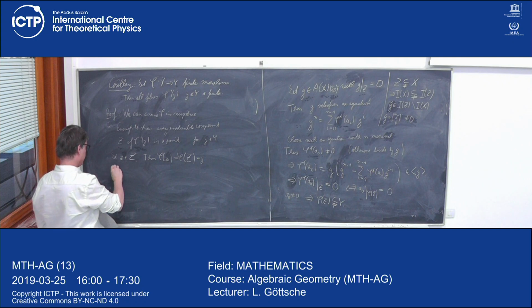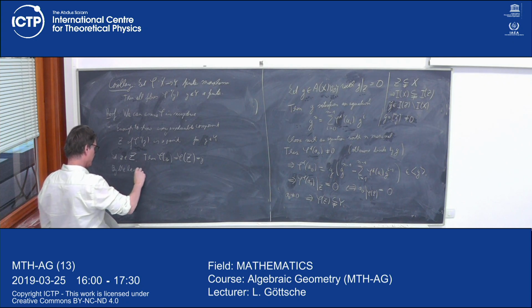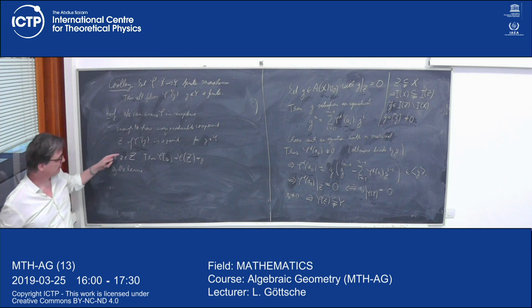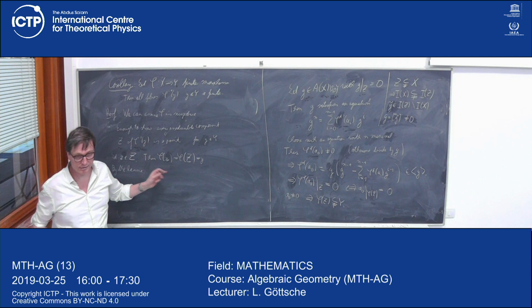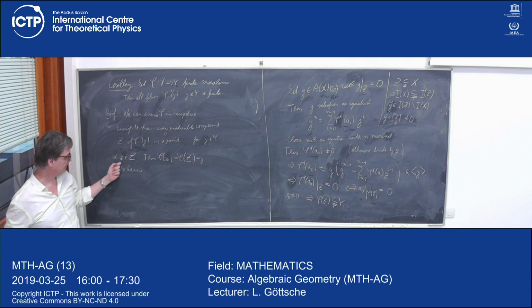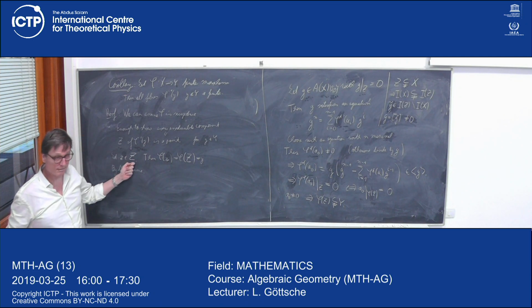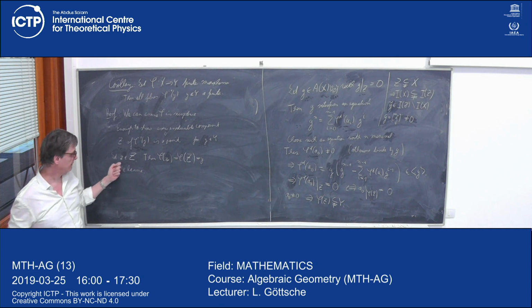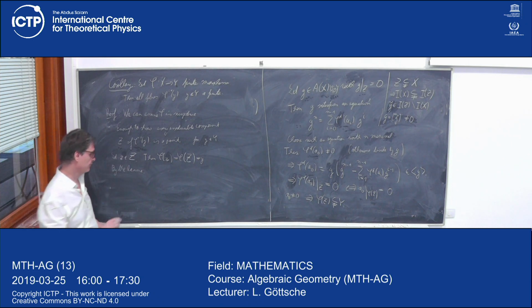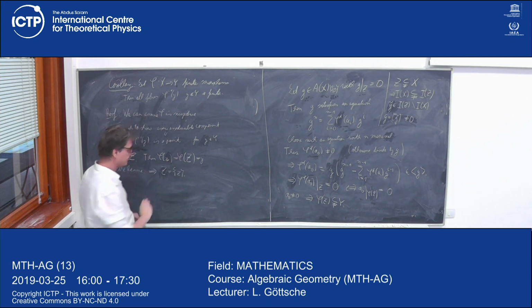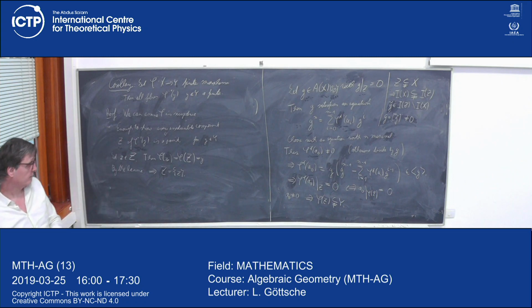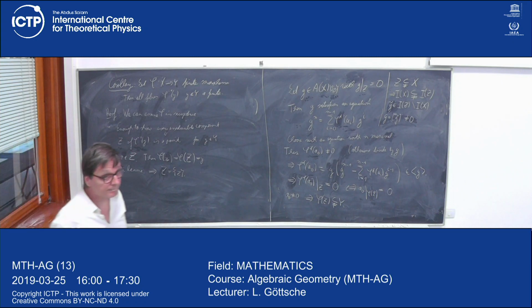So by the lemma, if we have two closed subsets strictly contained in each other, then the images cannot be equal. So the only way this can happen, as small z is contained in large Z, is that small z is equal to Z. That follows. No questions? Okay.